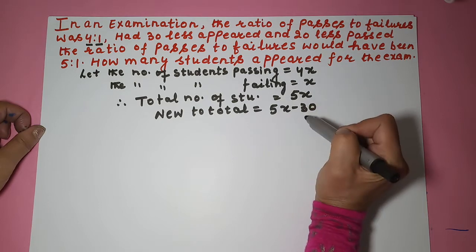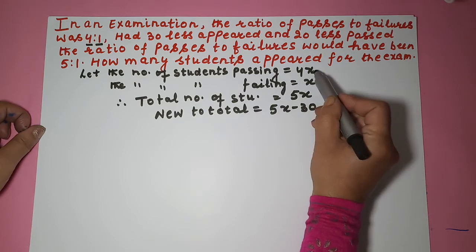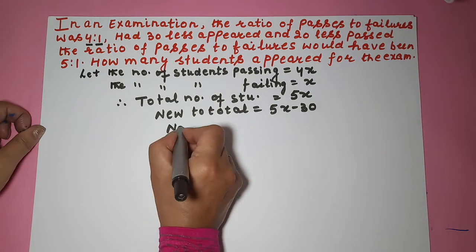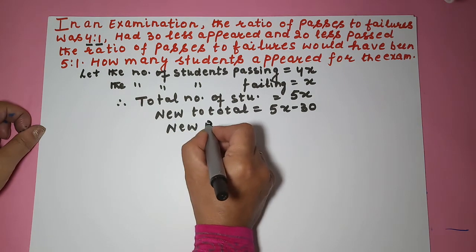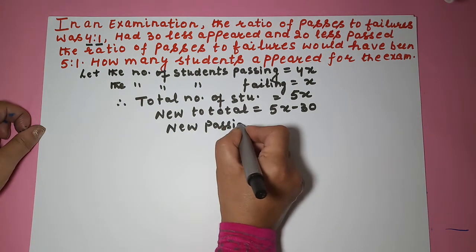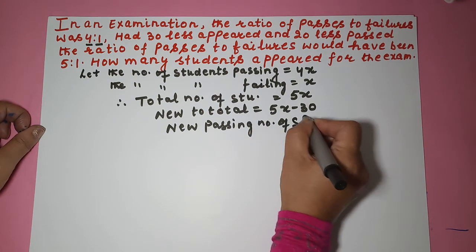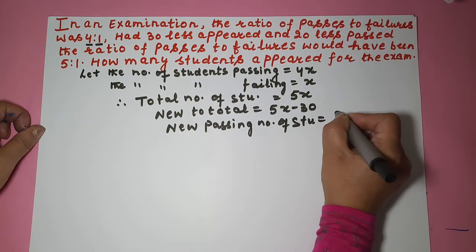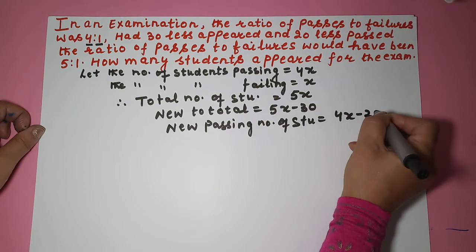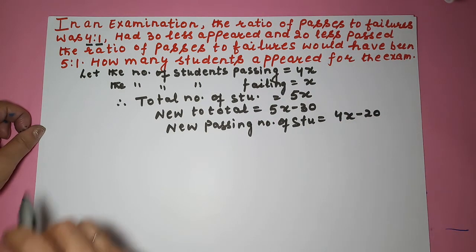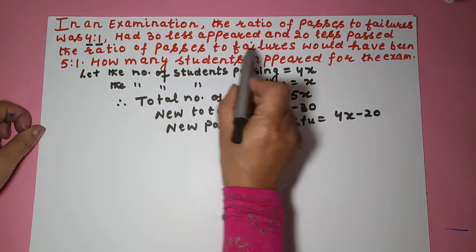Now he's saying that when 30 less appeared, 20 less passed. So we can say that the new passing number of students will be 4x minus 20, right?